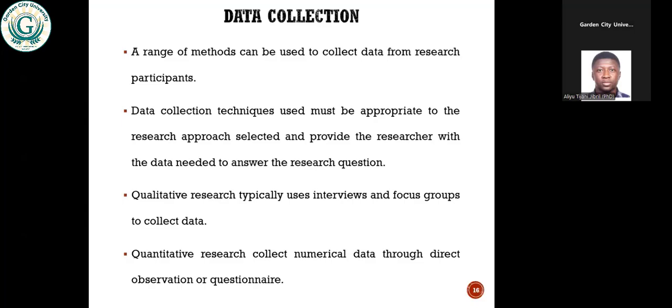At the same time, we can have what they call a self-administered questionnaire. In the self-administered questionnaire, the researcher can give the questionnaire out to potential subjects to fill and return. This is not the case in the qualitative study.